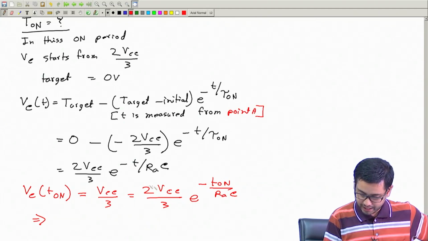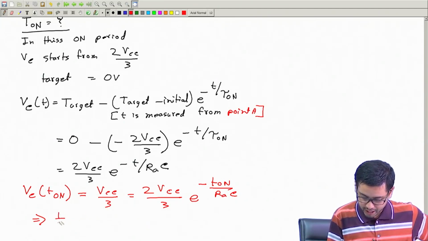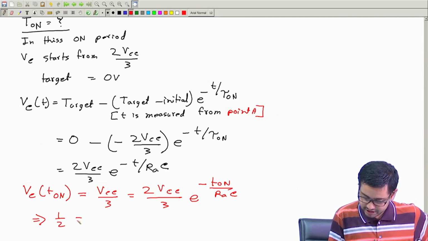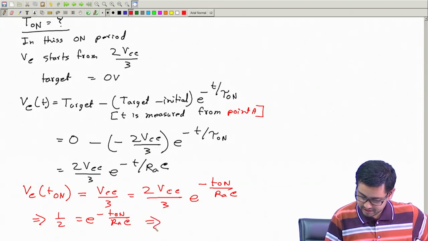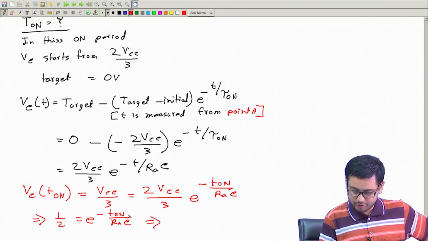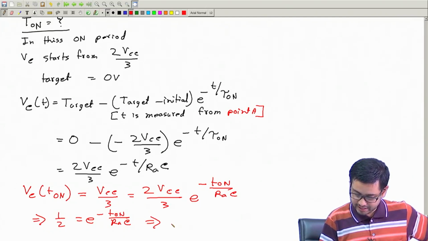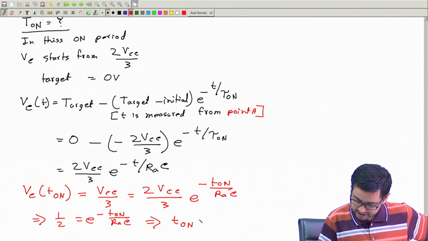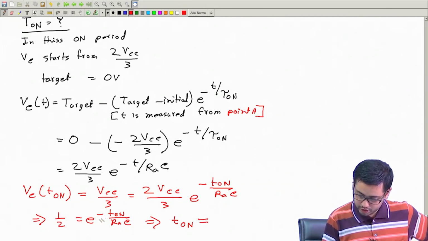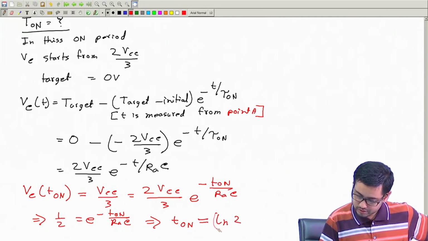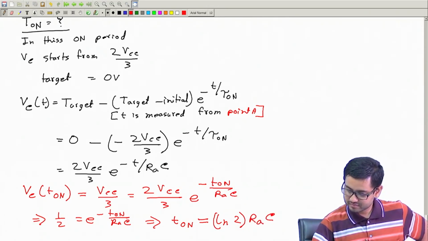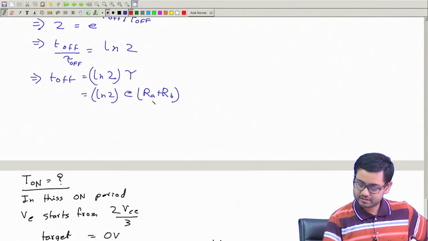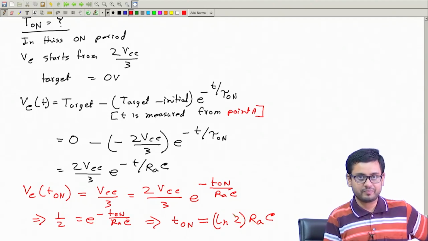So I have only 2, this 2 will become half if you bring it on the other side, is equal to e to the power minus t on by RA C. From this, once again, if you do similar calculations, you will find that t on is equal to ln 2 multiplied by RA C. Previously it was this, it is very similar if you do the calculation.